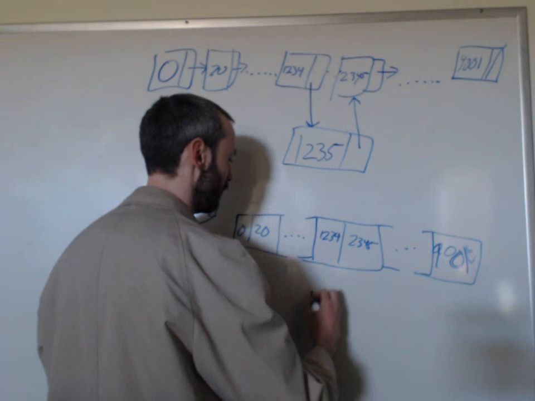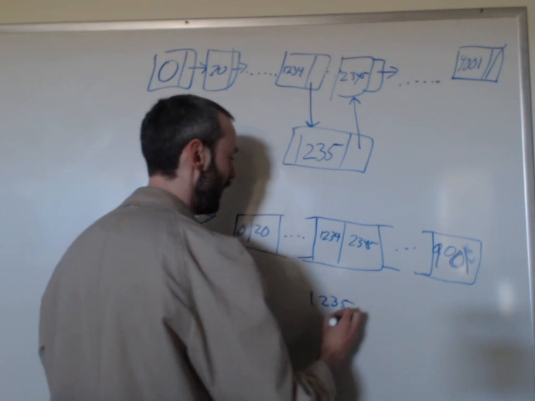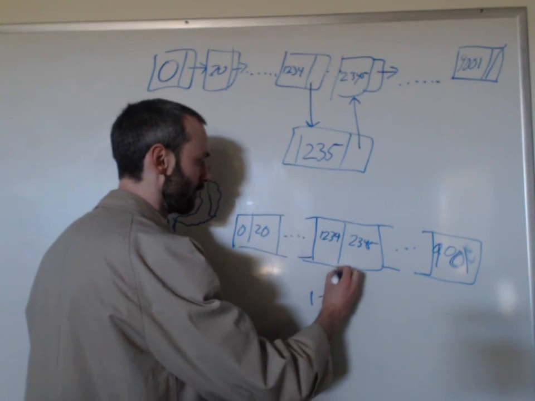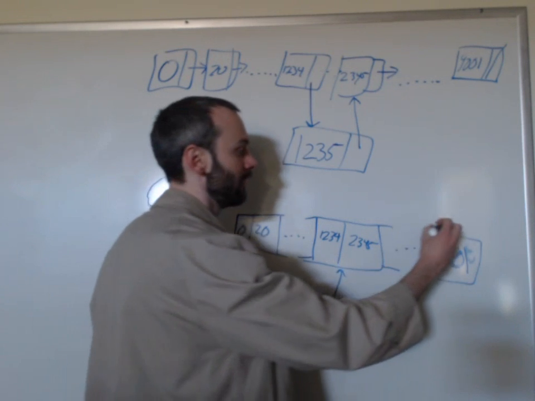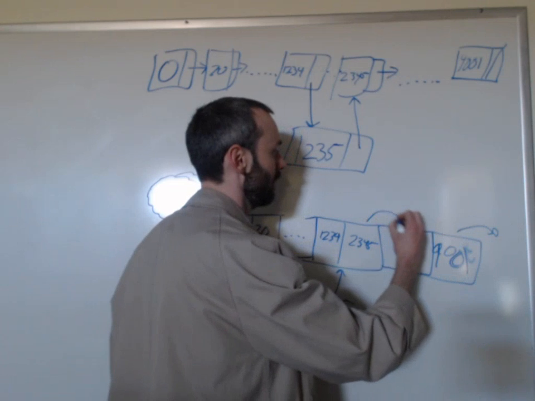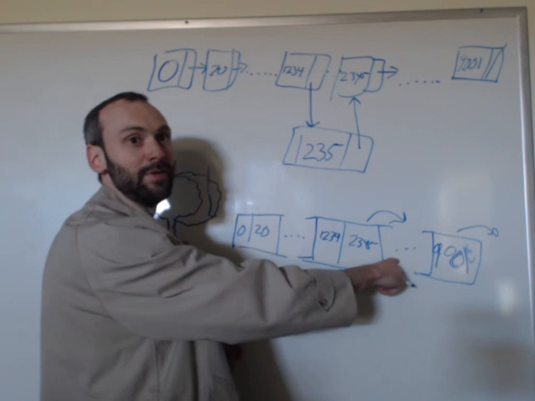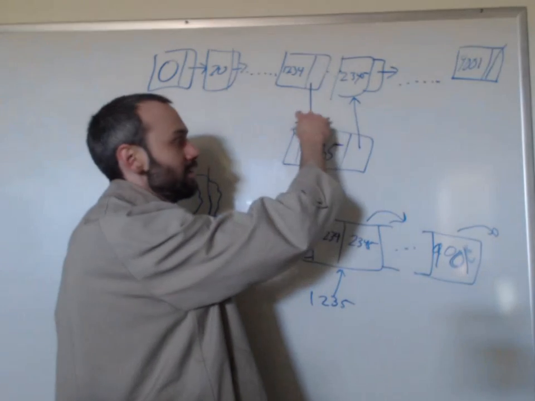And you want to put in 1, 2, 3, 5. It would need to go right here, right? But before you can put it here, you need to move all these over, so that could be a lot. Well, this is just two things.